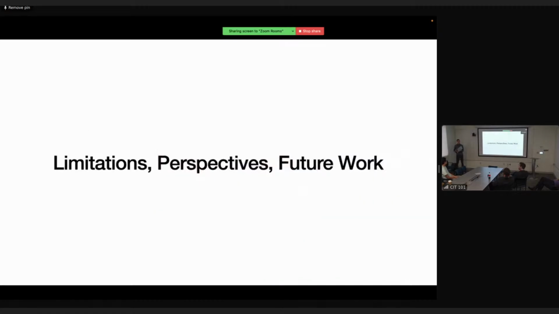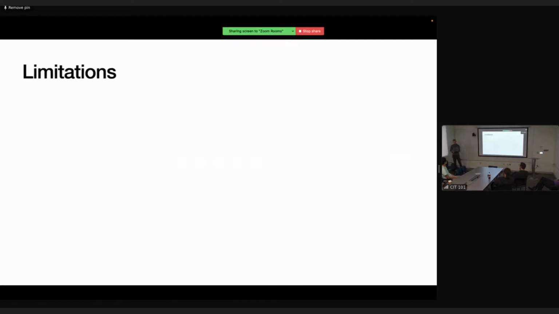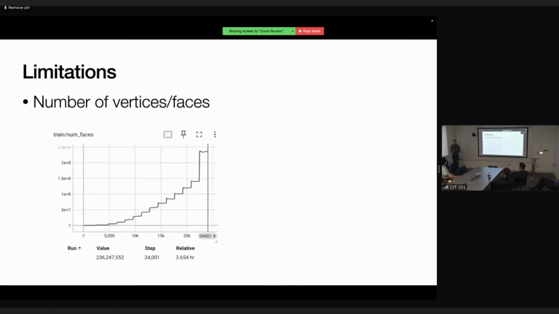Okay, so now I'll talk about some limitations and perspectives on this in future work, very briefly. The biggest limitation here is the number of vertices and faces. I'm going to show you a plot from our TensorBoard, and you may notice this is the number of faces. As we hit the last few steps of optimization, the number of faces is 236 million.